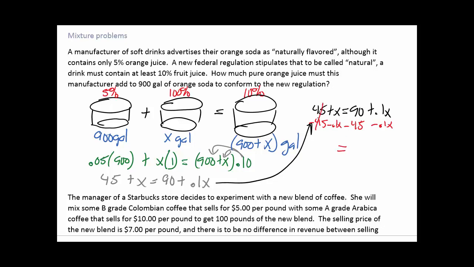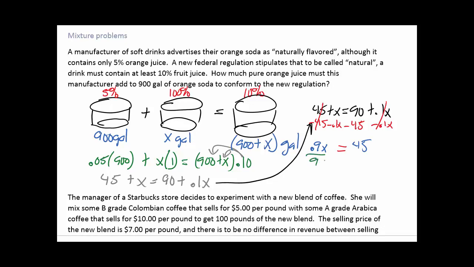Okay, so the 45's gone. The 0.1x has moved. What is x minus 0.1x? That is 0.9x, and 90 minus 45 is 45.